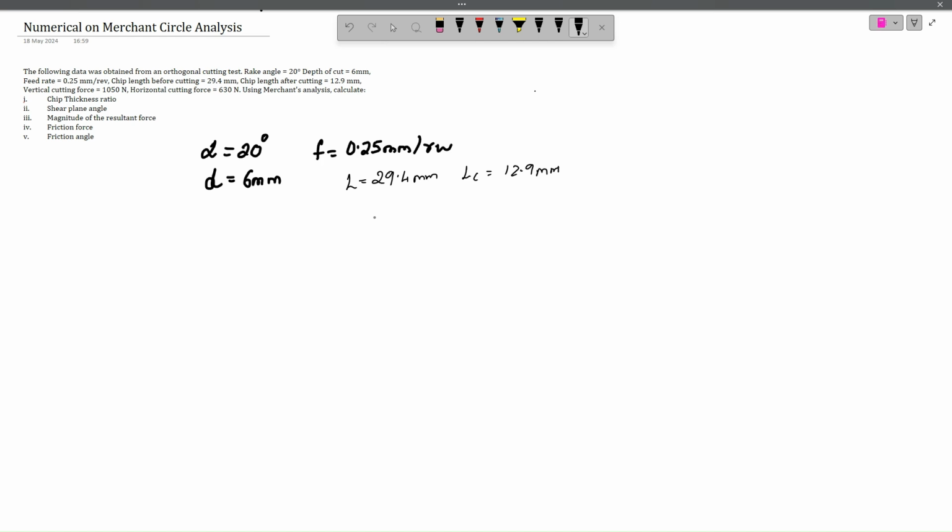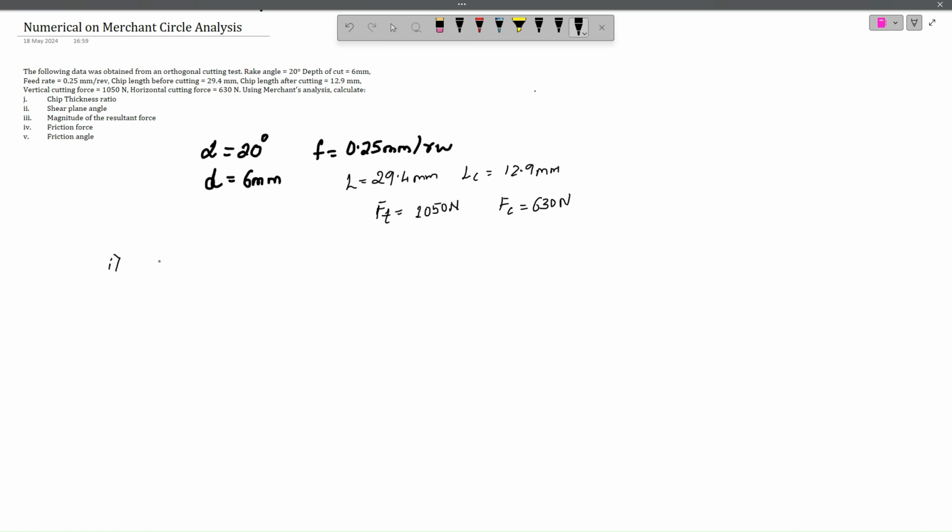The vertical cutting force here is the thrust force, so Ft is equal to 1050 newtons. And also the horizontal component of the cutting force is Fc, which is given as 630 newtons. Now these are the parameters that we need to determine.